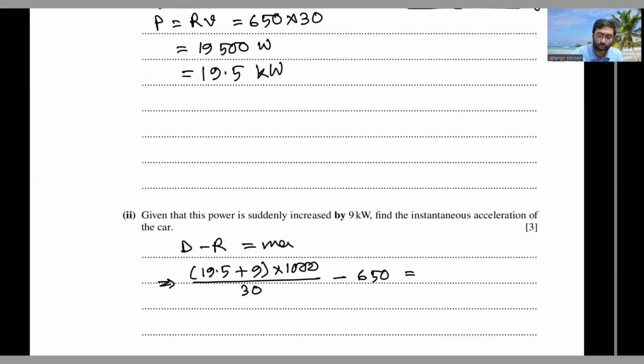The mass of the car is 1300 times a. So it is 28500 divided by 30 minus 650, divided by 1300.